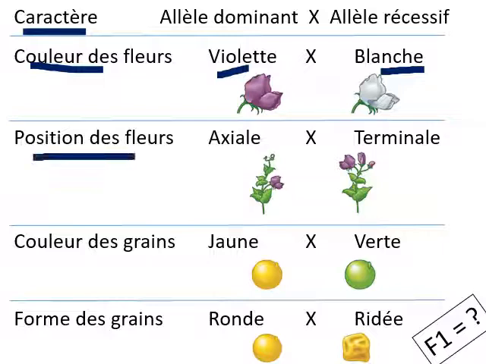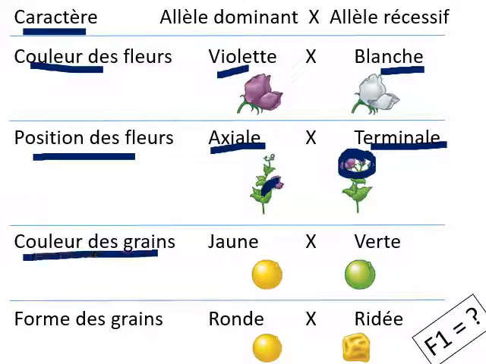Another character is position of the flowers on the plant. Dominant is axial, meaning the flowers come from the axis of a leaf. Recessive is terminal, meaning the flowers are on the tip of the plant.